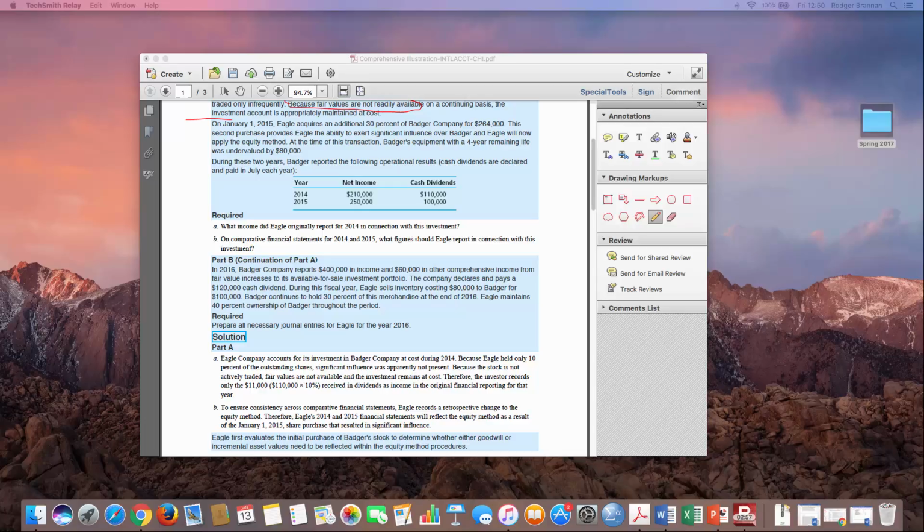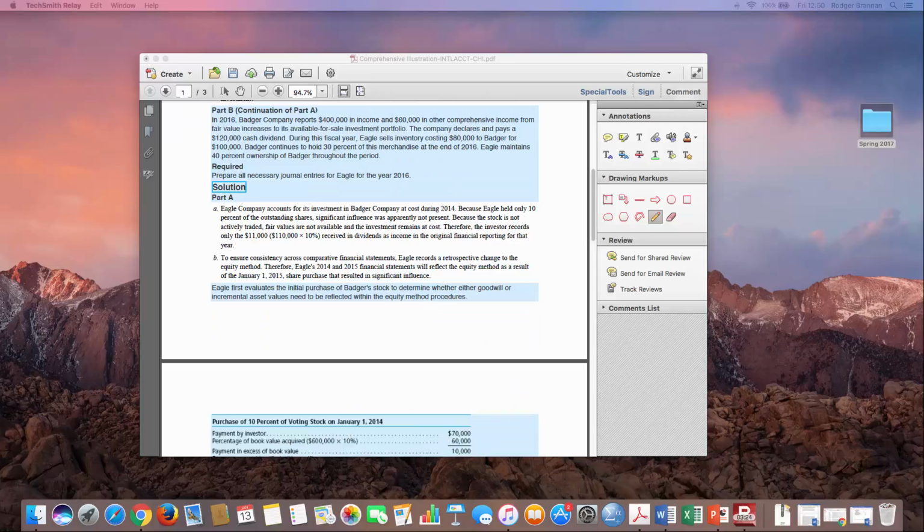So 40% would be used in the calculations of income that will be recognized by Eagle, the amount of equity that they will assume that they have at that point. So the 40% is not used in 2014. Rather, 10% is used in 2014. 40% is used in 2015.